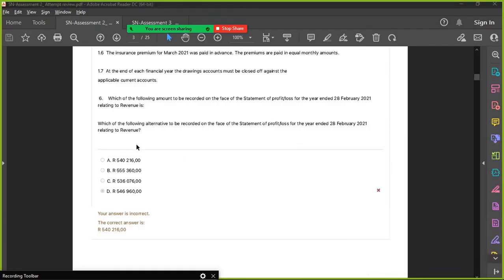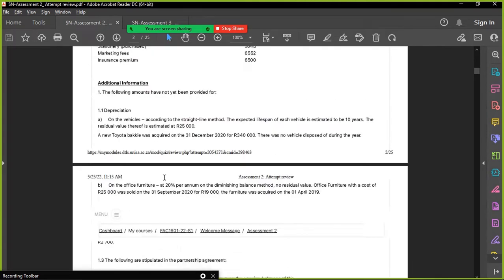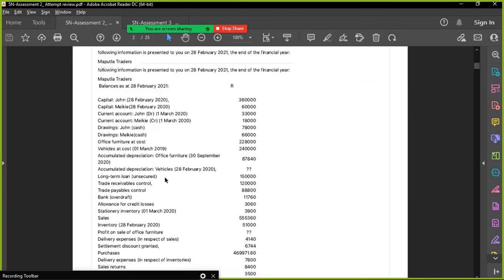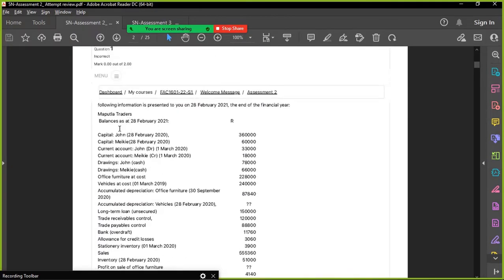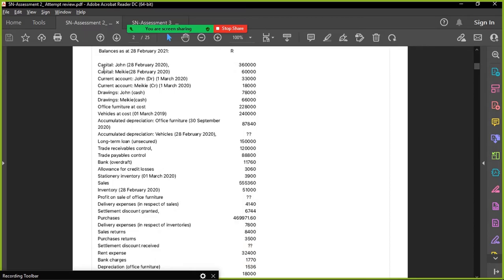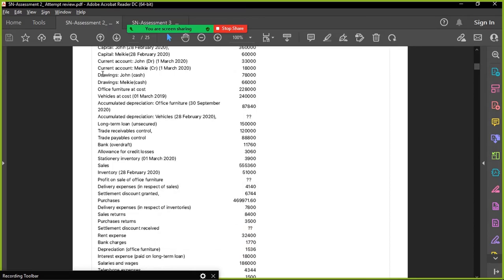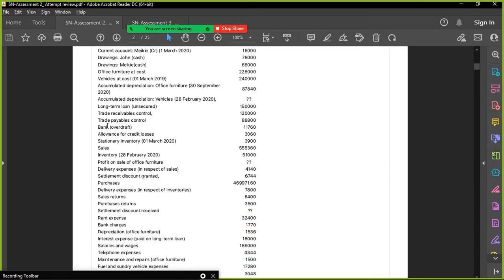So if I'm looking at disclosure, I'm looking at profit and loss. They want to know what amount will be used to represent revenue on the face of the income statement. So if we go to the actual list of balances here, we need to look for anything relating to revenue. Okay, we've got sales.